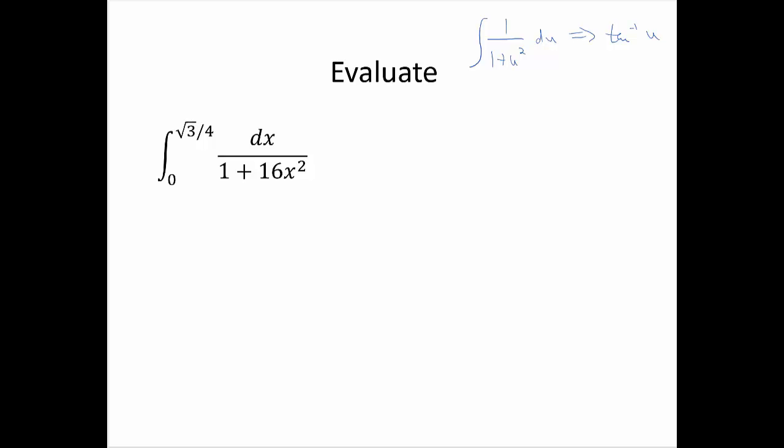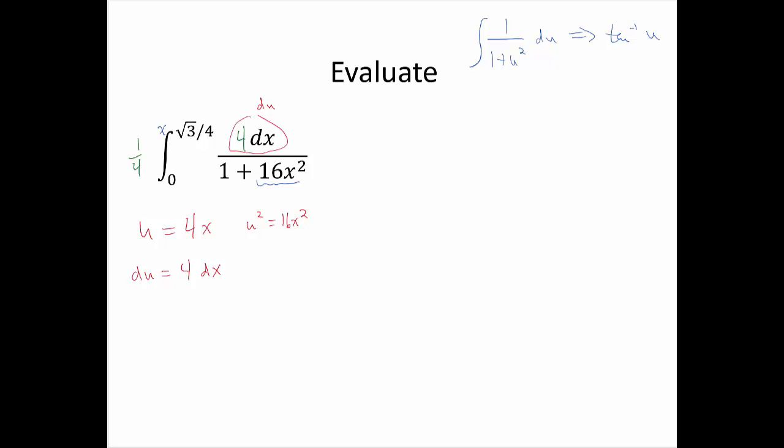So this looks pretty close, it looks like I need to make the substitution u equals 4x, because then u squared would be 16x squared. And if u is equal to 4x, then du is equal to 4 dx. So let's see, I'd need a 4 dx, and so I need a 1/4 outside the integral. 4 dx, there's my du.